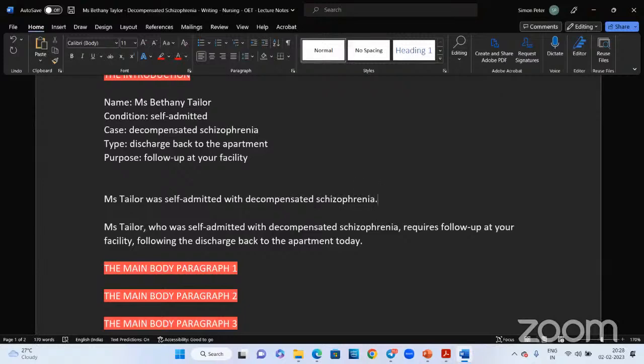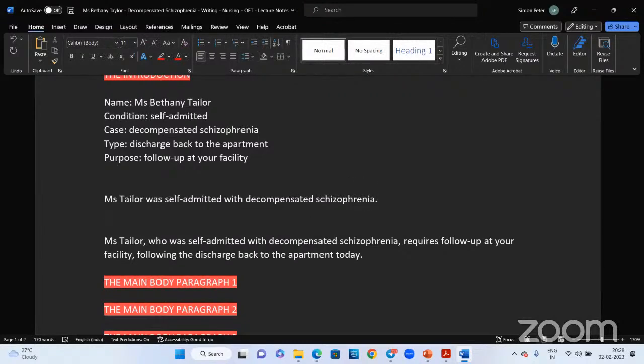This is first sentence. Second sentence: Miss Taylor requires follow-up at your facility.